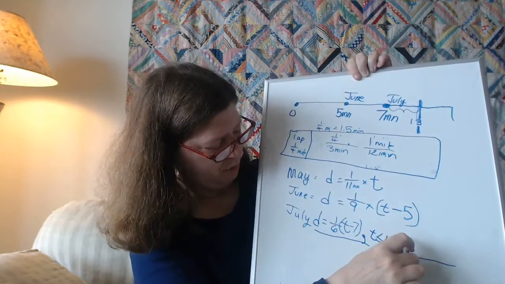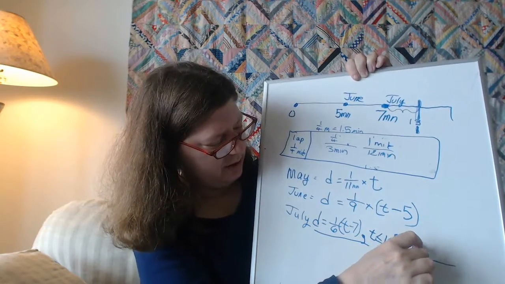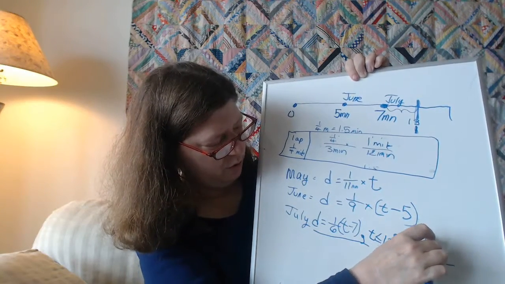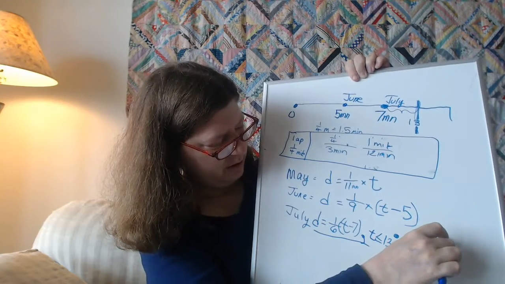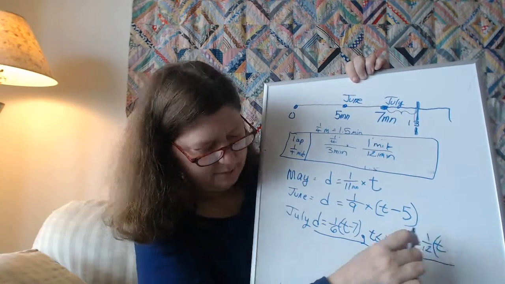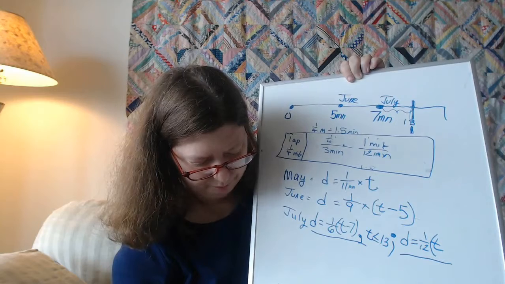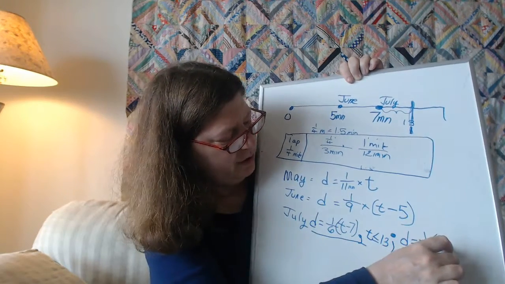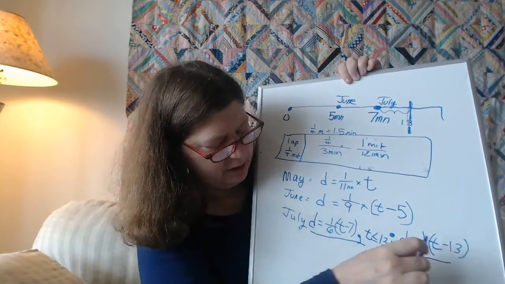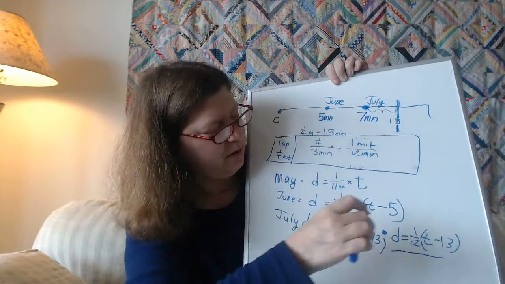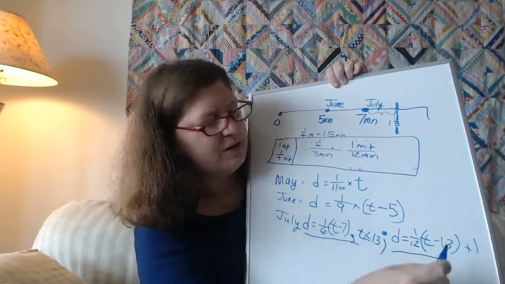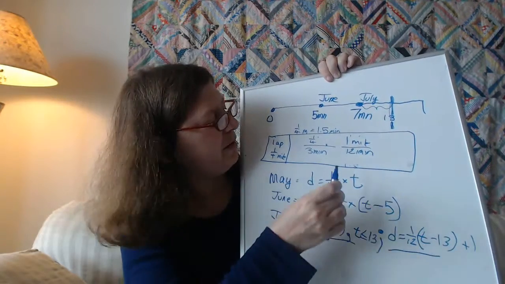So this second part is going to be d equals 1/12 t. Now this is important. -13, we figured out where we got the 13 from, plus 1. Well, that's the part I was struggling with.